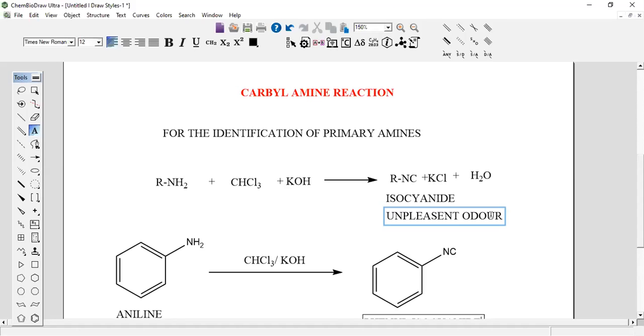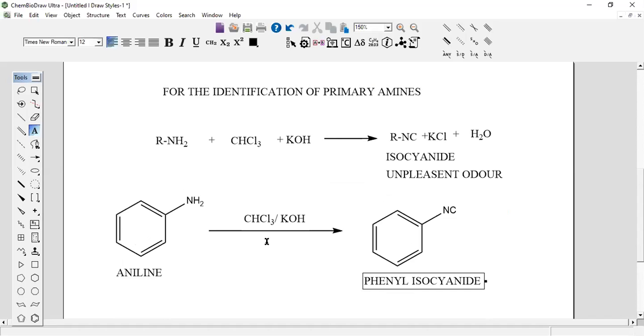In this test, chloroform and KOH are added to the given amine, and that will immediately give an unpleasant odor in which an isocyanide is formed. With its characteristic odor, we can say that it is a primary amine. If it is a secondary or tertiary amine, it won't give this unpleasant odor or an isocyanide.